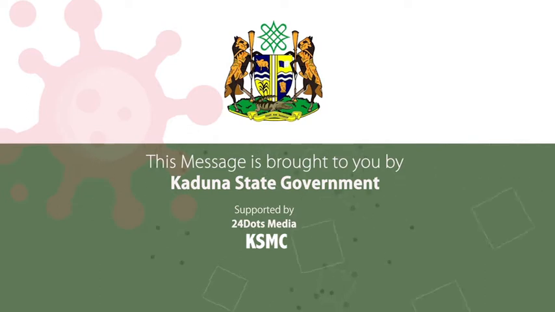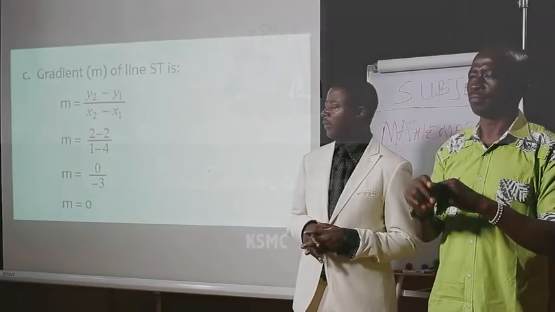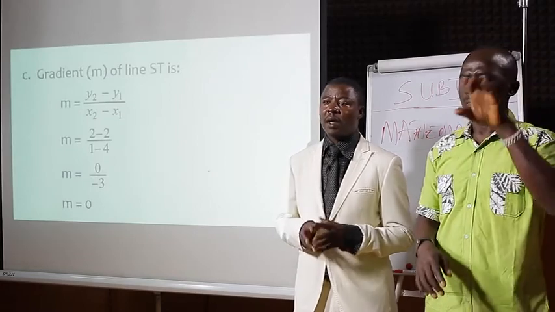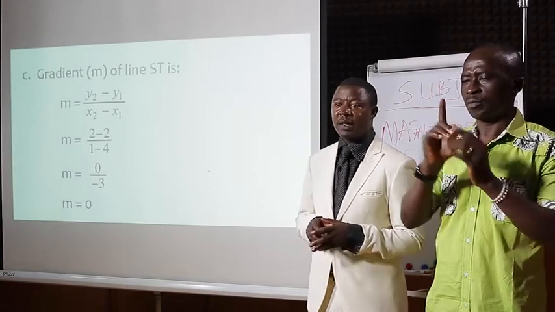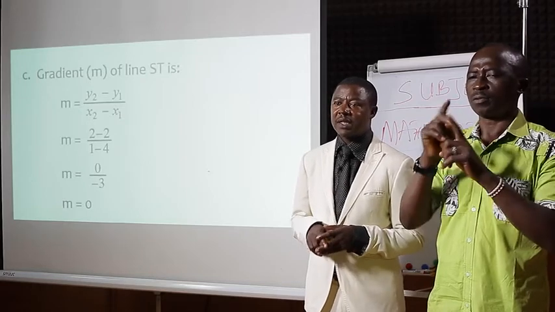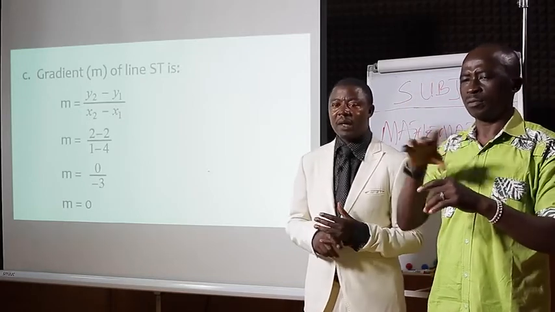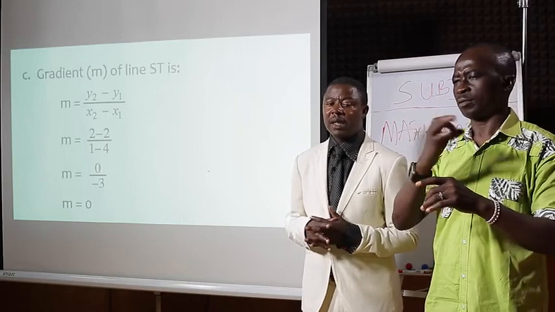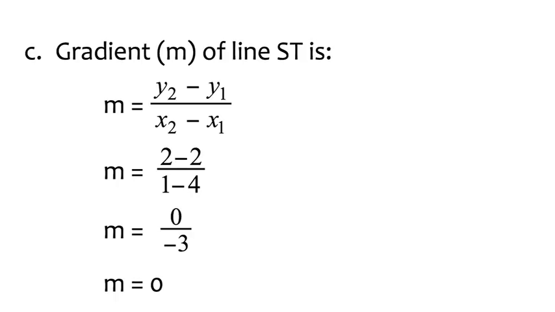Then C, we were equally requested to find the gradient of the line joining points X and T. M, the symbol denoting the gradient, is equal to (y2 minus y1) divided by (x2 minus x1).